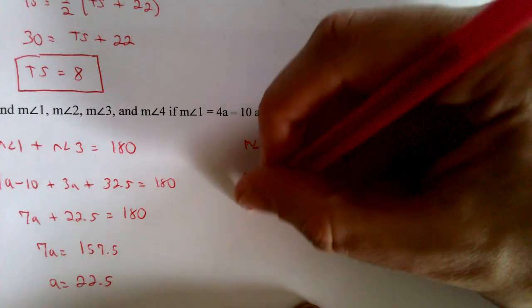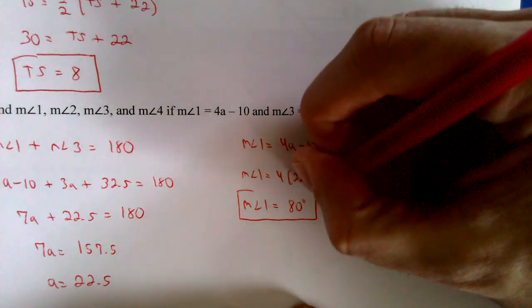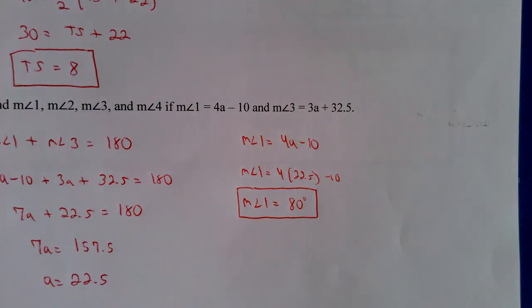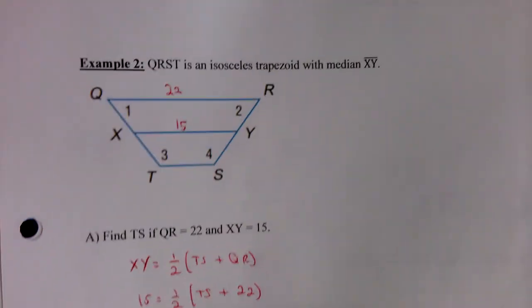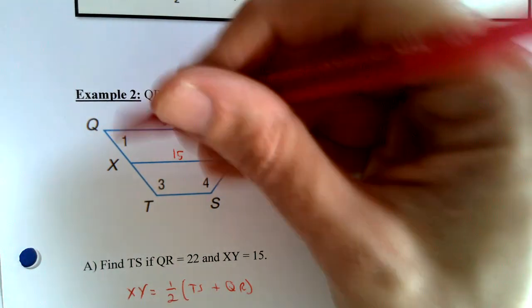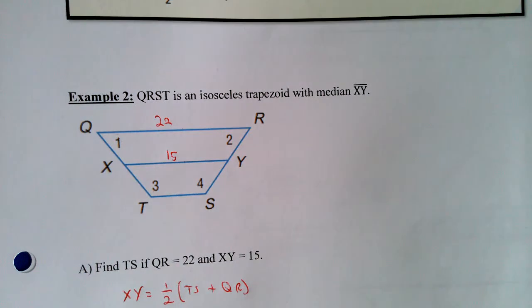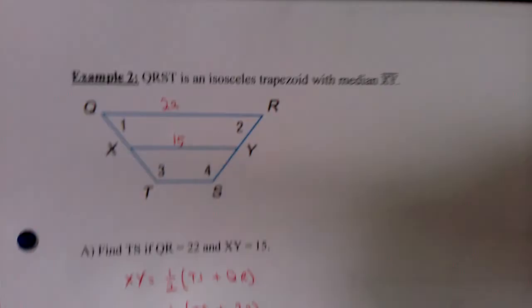The measure of angle 1 equals 80. Now, angle 1 and angle 2 are base angles, and earlier in the lesson, we learned that they are congruent for isosceles trapezoids. So if the measure of angle 1 equals 80, then the measure of angle 2 also equals 80.